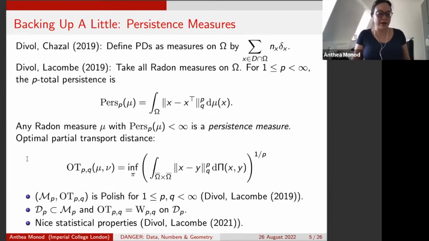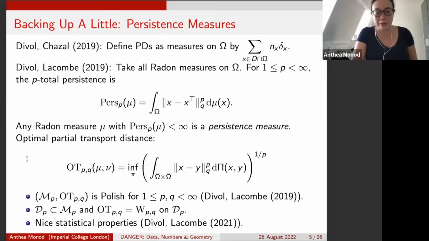Also, the space of persistence diagrams is fully contained within the space of persistence measures, and on the subset of persistence measures corresponding to persistence diagrams, this optimal partial transport distance coincides directly with the Wasserstein distance we talked about before in the case of the Frechet means. This is really a proper, complete generalization, in every sense that you would like, of persistence diagrams, right?